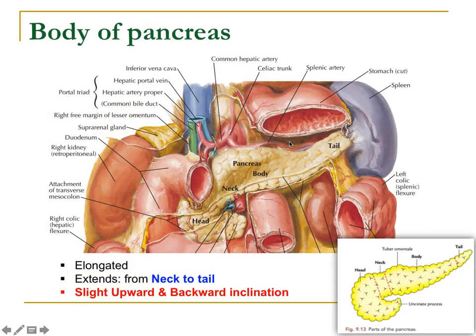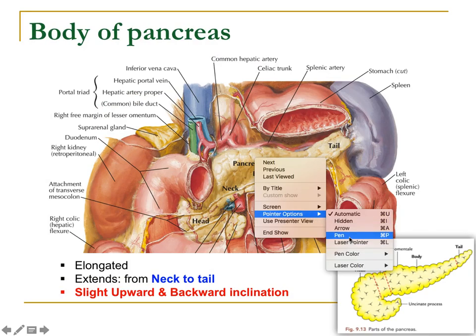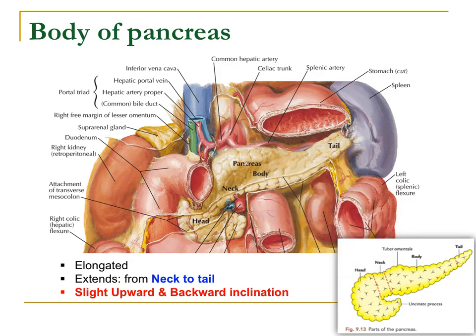Now if you see the body of the pancreas, it is quite an elongated structure that is present in between the neck and tail. This is a bit larger part and one of the most complex parts of the pancreas.